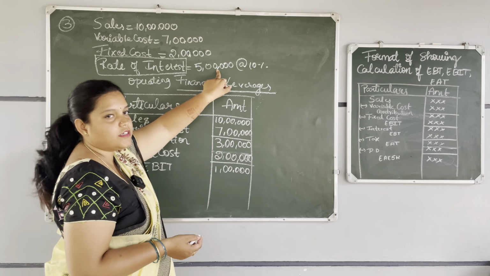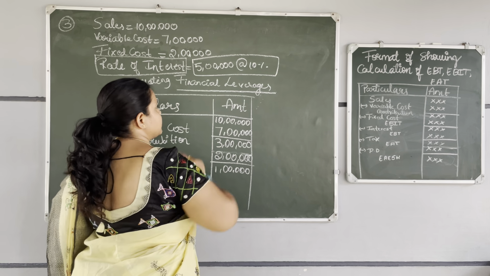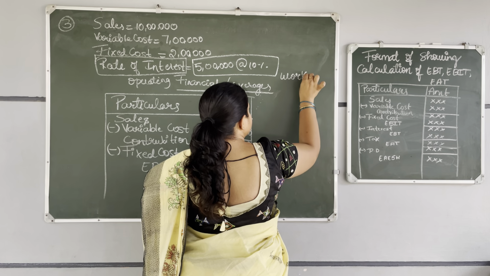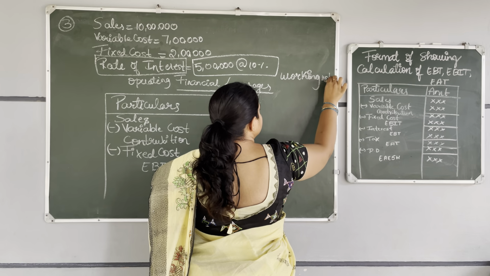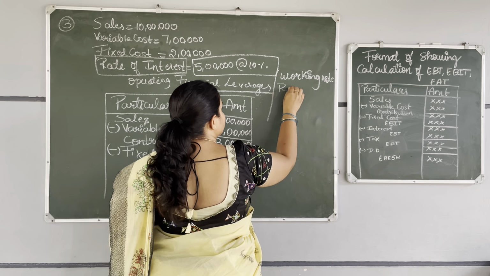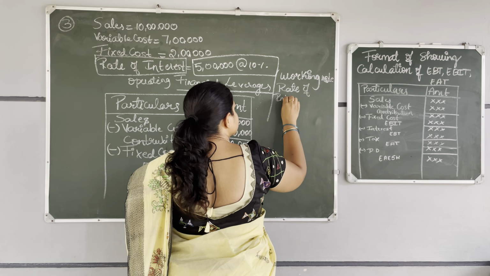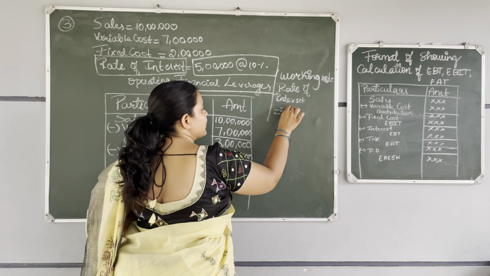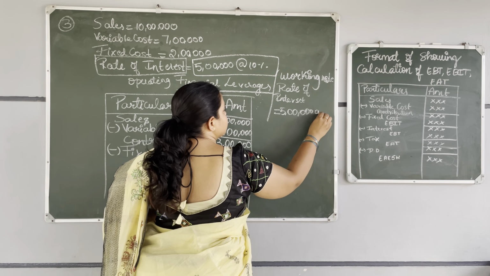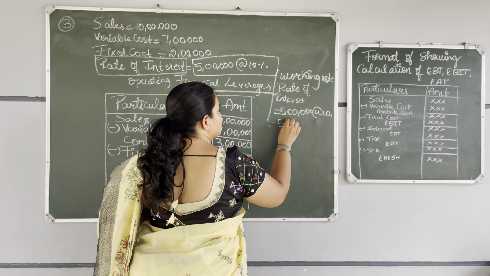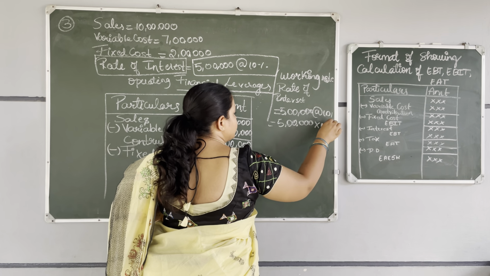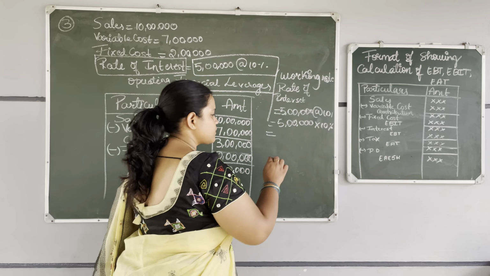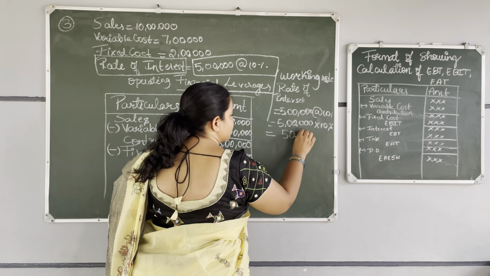The interest rate they have given is 5 lakh at 10%. So first we have to do a working note. In the beginning I forgot that. Write working note here. Rate of interest, how much have they given? 5 lakh at 10%. So 5 lakh into 10%, how much will we get? 5 lakh into 10% means 50,000.